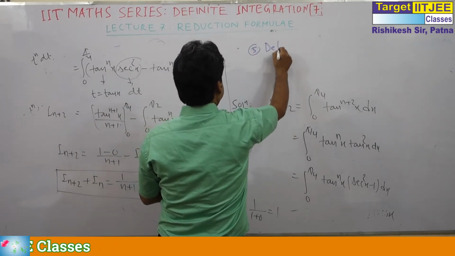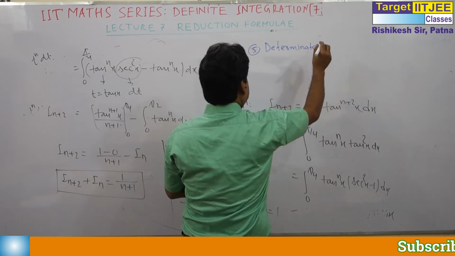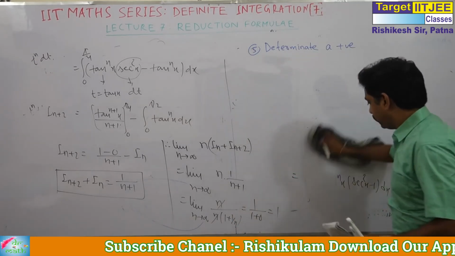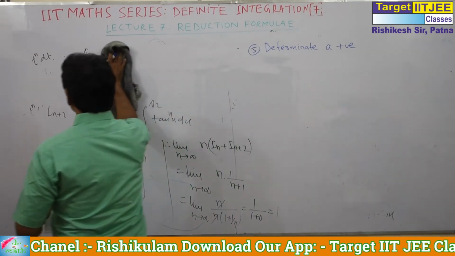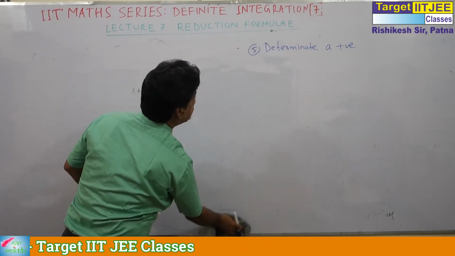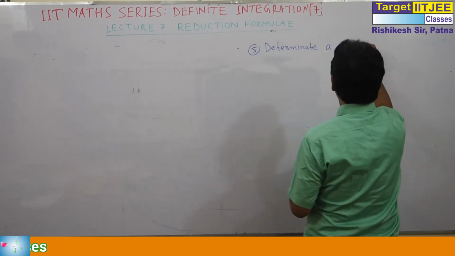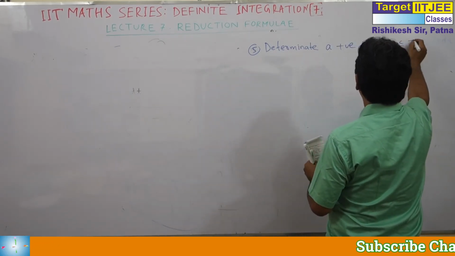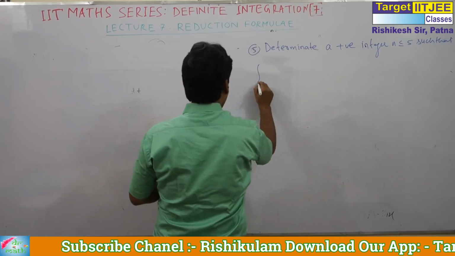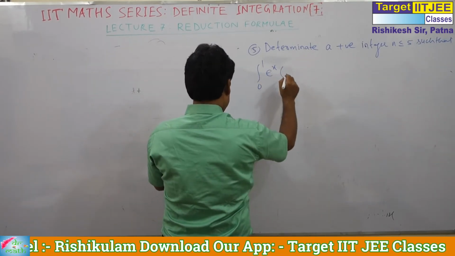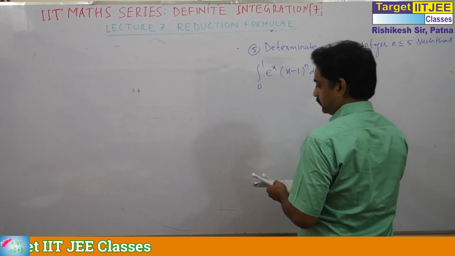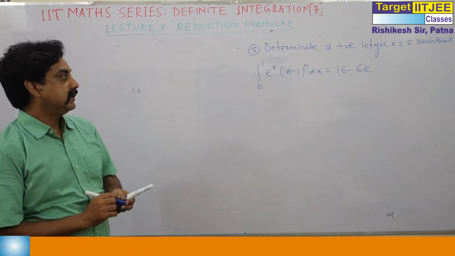The question is, determine a positive integer n less than or equal to 5 such that the integral from 0 to 1 of (e to the power x) times (x minus 1) to the power n dx is equal to 16 minus 6e.